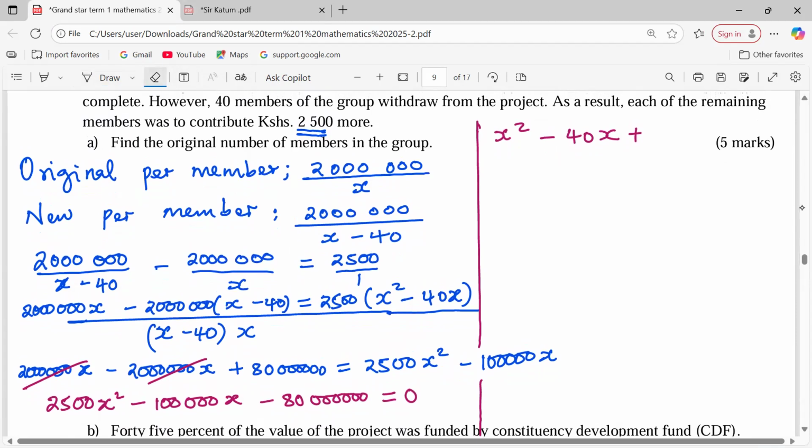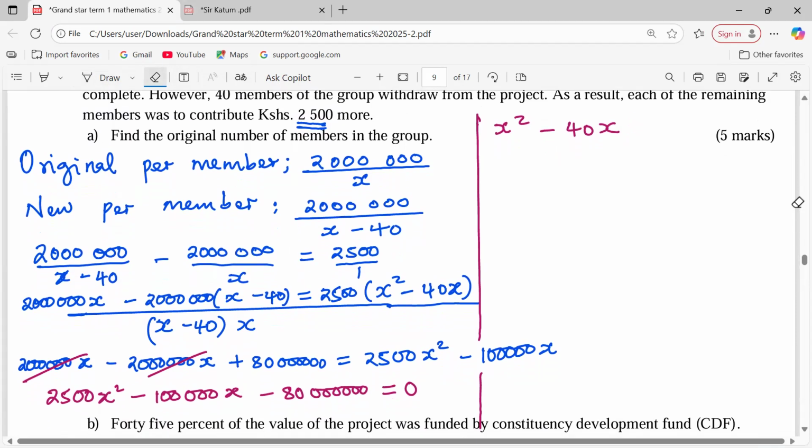It's still a minus. Minus 3200 equals 0.